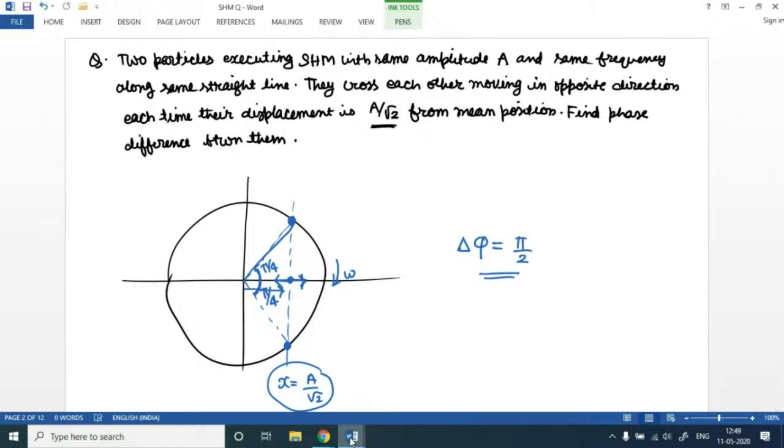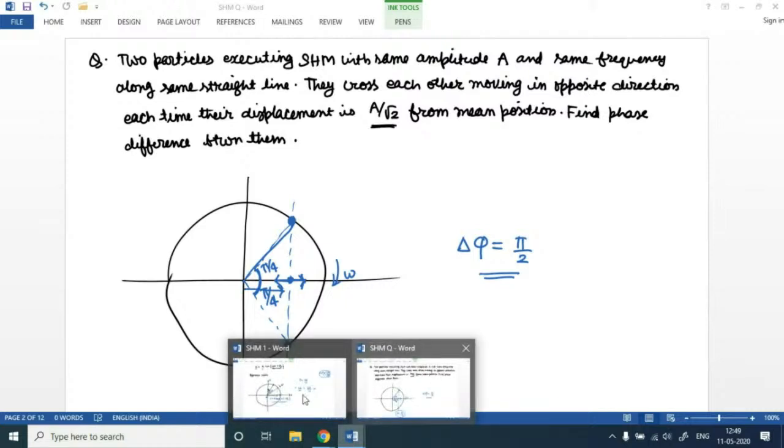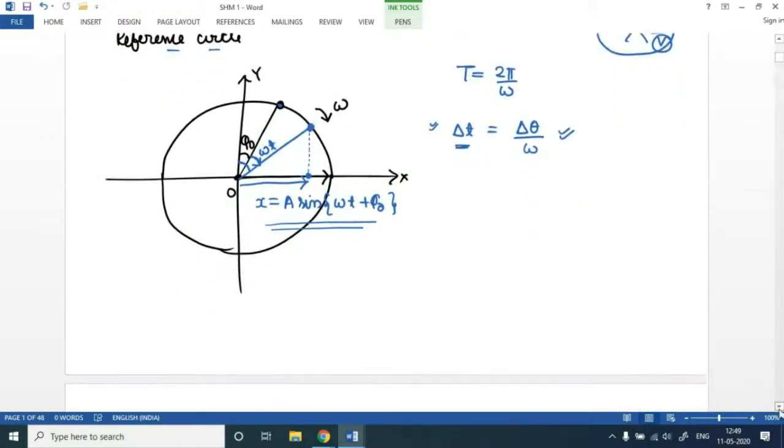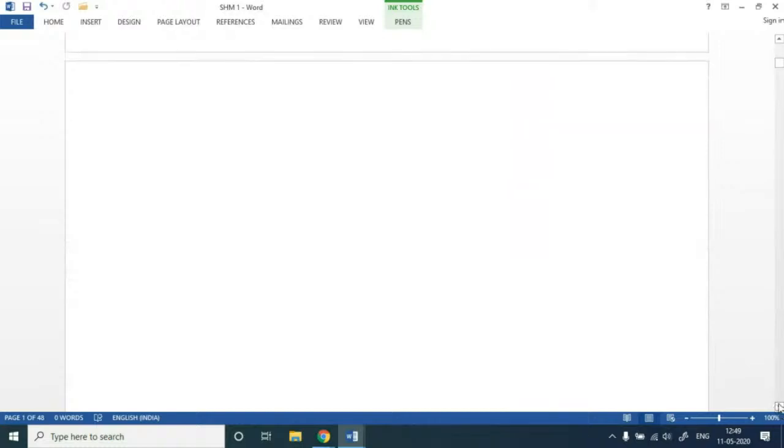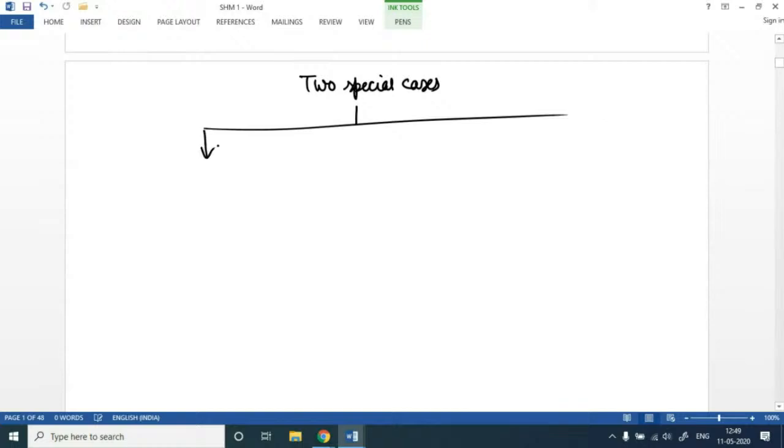Now let's move on to the another concept, and let's look at two special cases when we are dealing with SHM. These two special cases arise very frequently. One special case is the particle motion when we are describing the SHM, and the particle's initial position is given as starting from mean position.